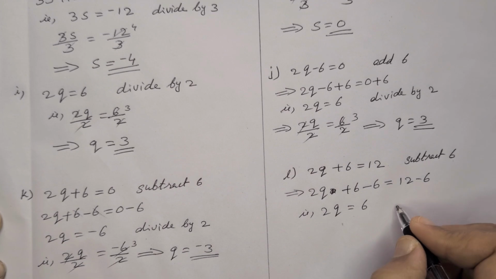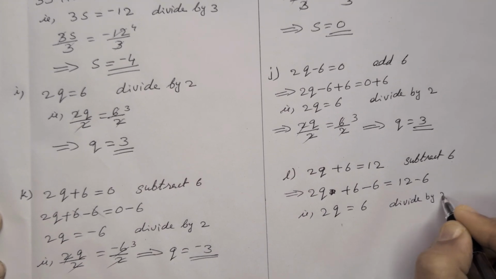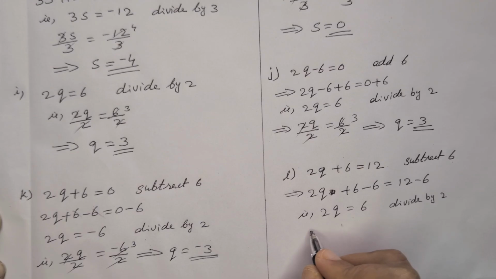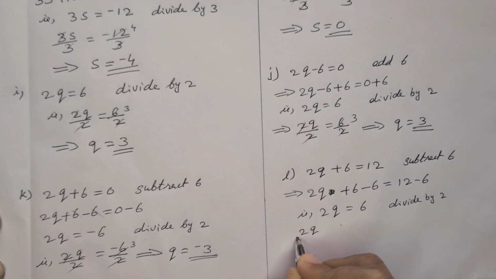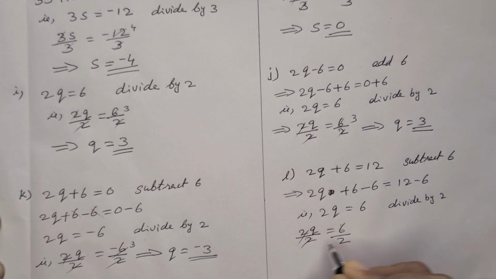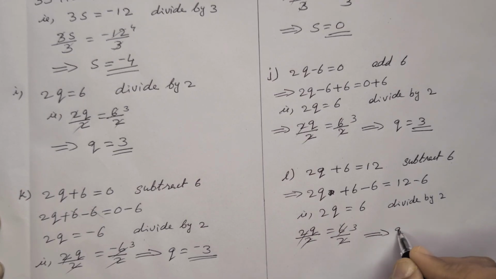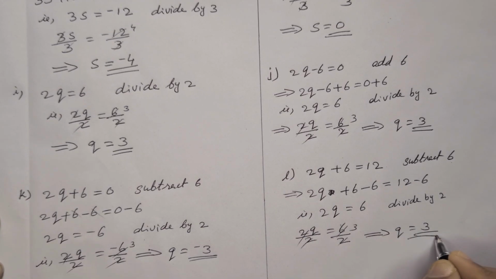Then divide by 2 both sides of the equation. So 2q by 2 is equal to 6 by 2. 2 and 2 will cancel, here 3, which implies q is equal to 3.